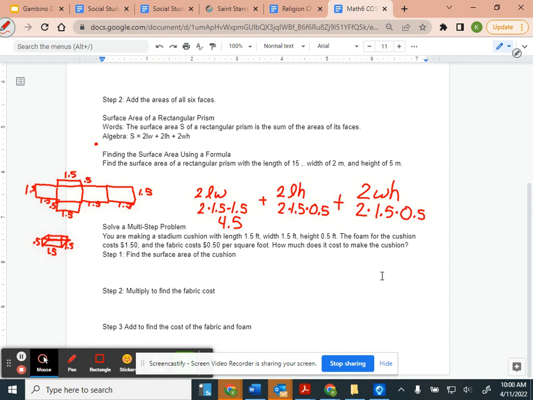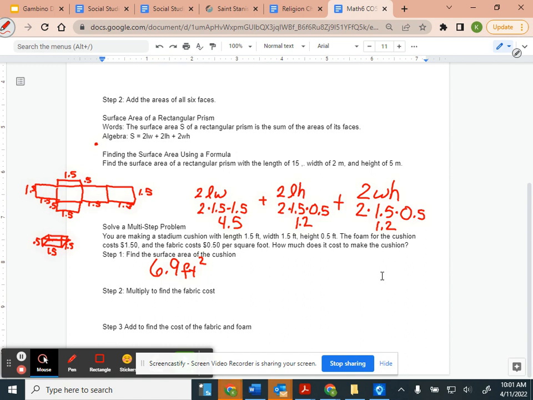So then this, what's 1.5 times 0.5 times 2? And then this would be 1.2, right? We add those up and we get 6.9 feet squared. That is the surface area of our cushion.